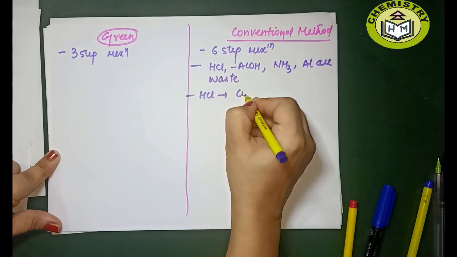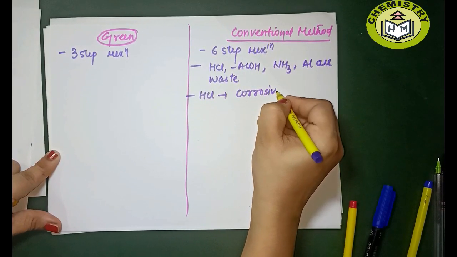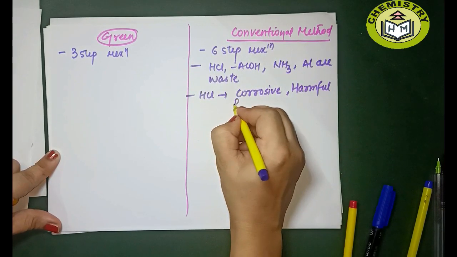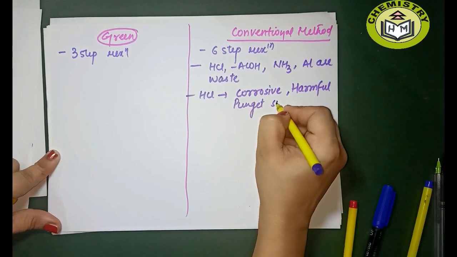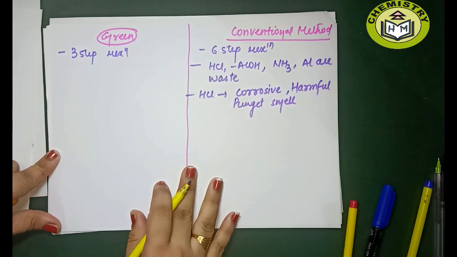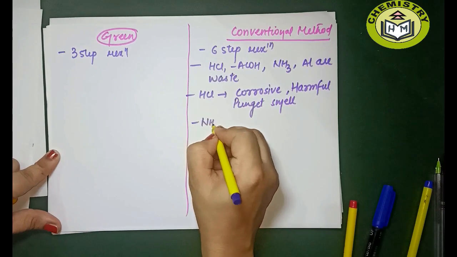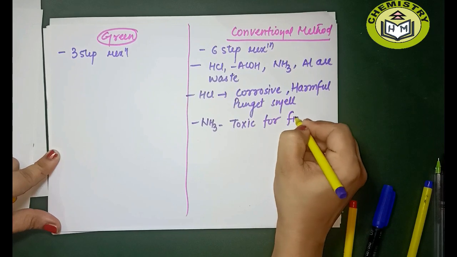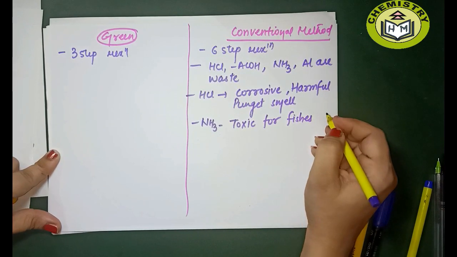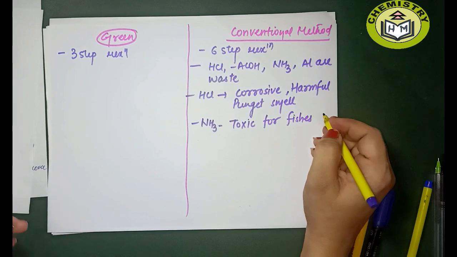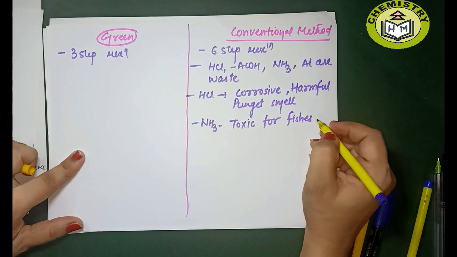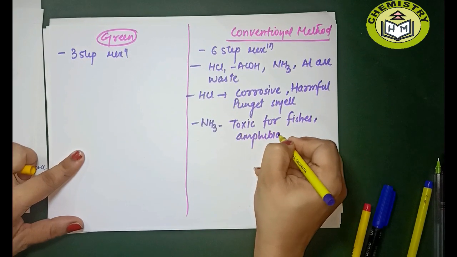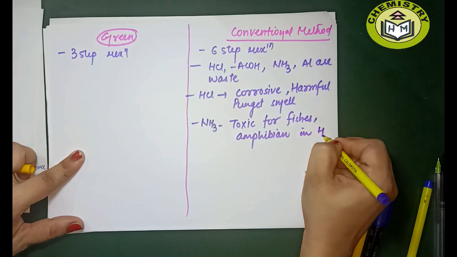HCl, that is corrosive for the body, harmful, any acid is obviously harmful, and it has a pungent smell also. Clear? Ammonia is toxic for fishes. Whenever this waste is released in the water and ultimately the water goes to some river or pond, then it becomes harmful or toxic for fishes or amphibians present in the water.